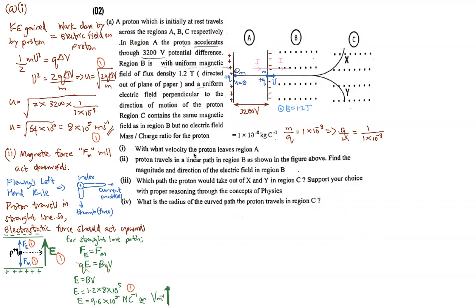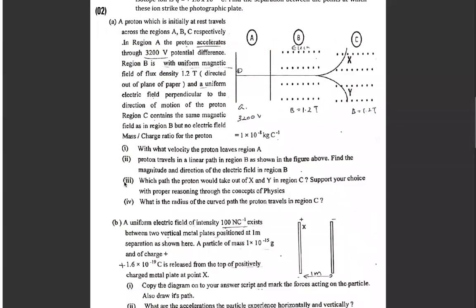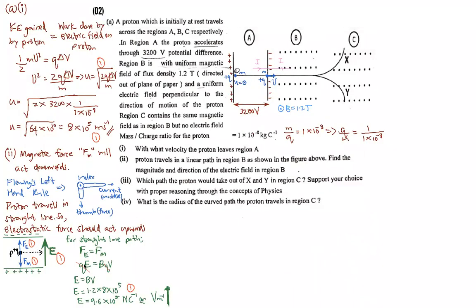Correct? So this is how the marking goes. We have already allocated 6 marks. All right, people. Good question, huh?